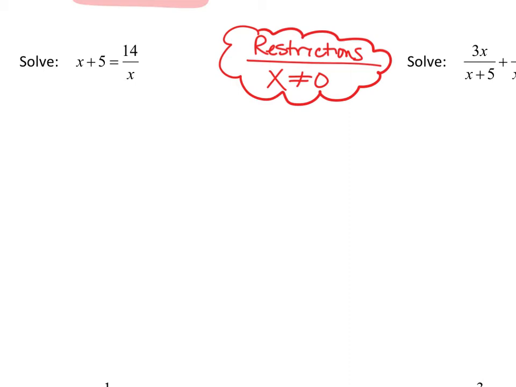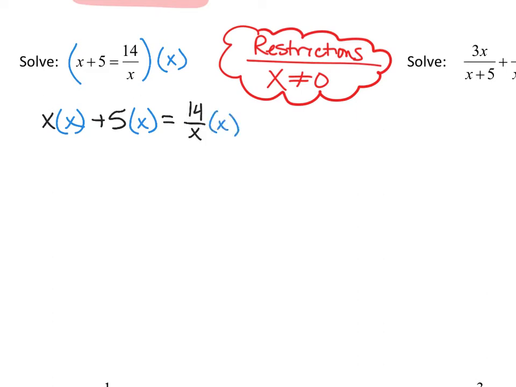So basically to start solving these, we need to get rid of the denominators. So what I'm going to do is multiply this entire equation by a scalar x. I'm not going to show this step out loud, but basically I'm taking the first term and multiplying it by that x, taking the second term and multiplying it by that x, literally just distributing this x, and then I have 14 divided by x times x.